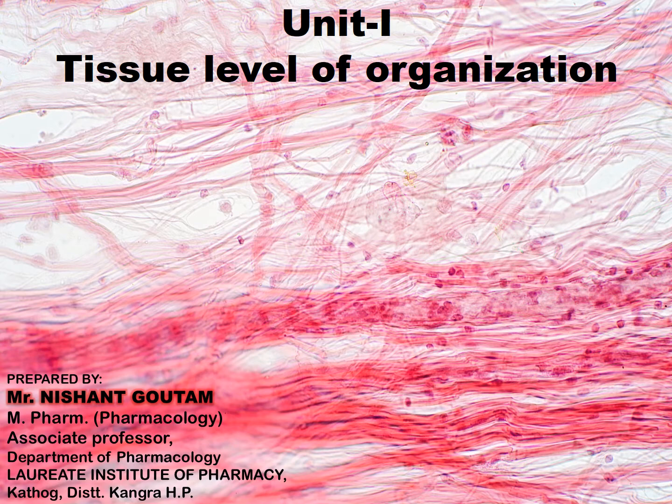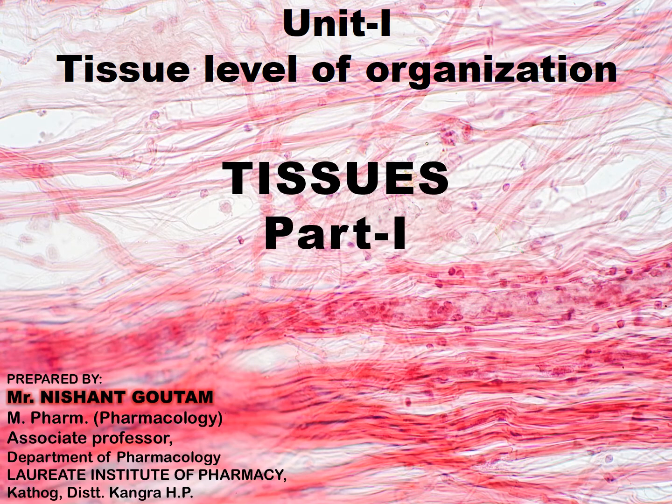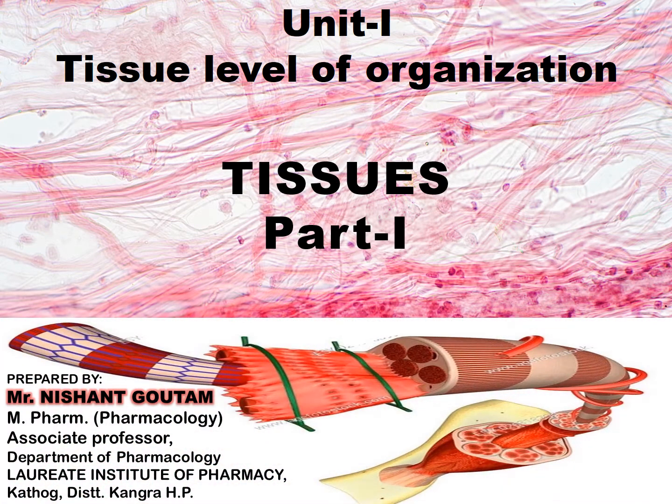As the name suggests, in this topic, we will learn about the tissue types, the structure of the tissue, the function subserved by them, and the location in the human body. This is a big chapter, so I have divided it into 5 parts. So let us start with part 1.